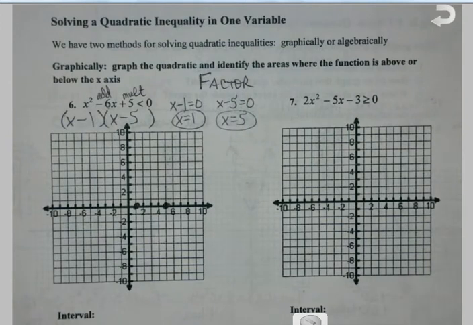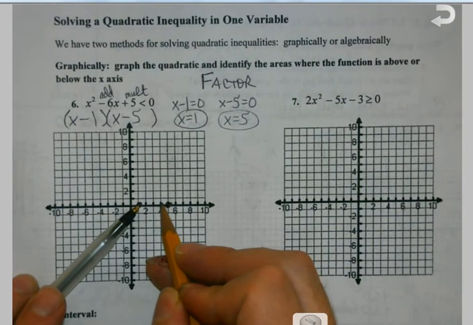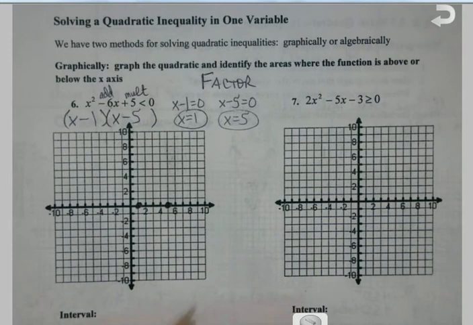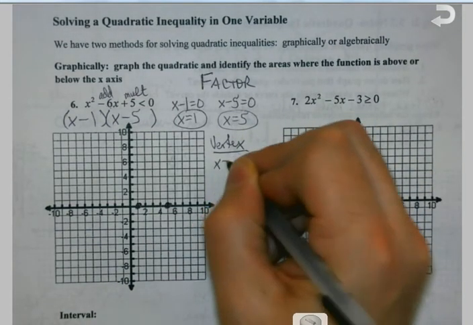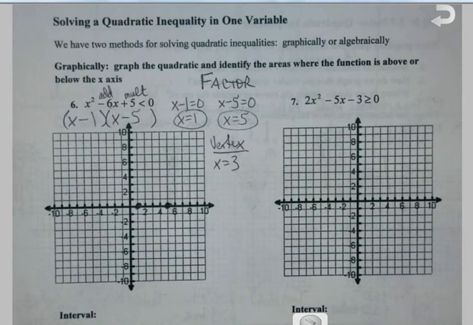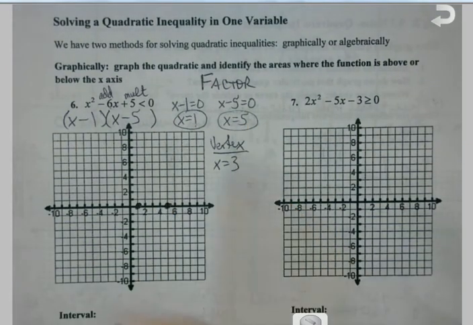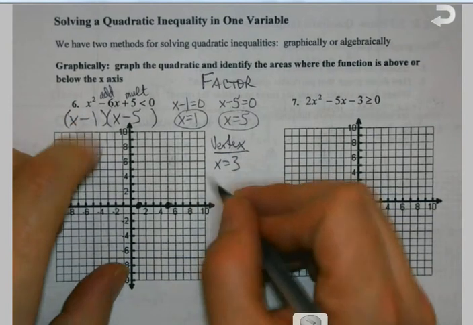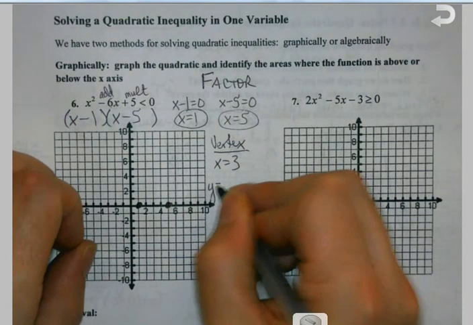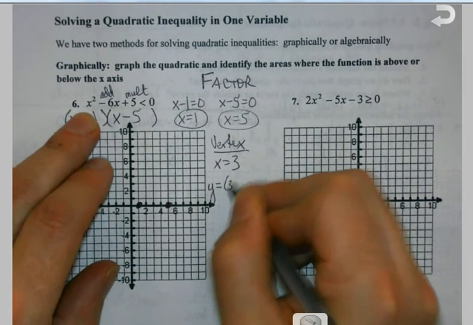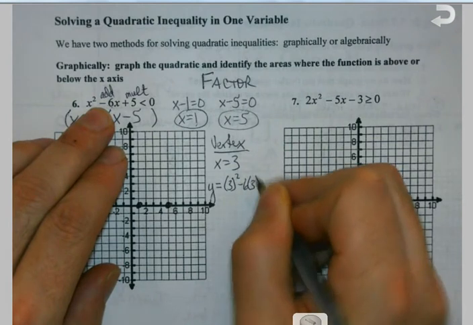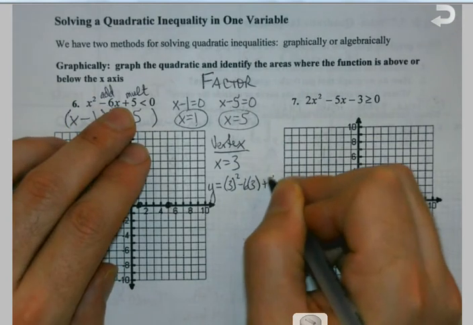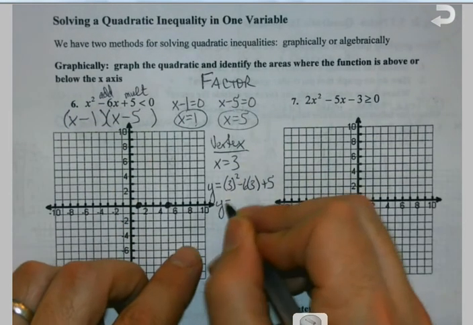So now to find my vertex, let's see, can I count in this time? Yes, okay. So for my vertex, I counted and found out my x value was 3. Or I could do 5 plus 1 and divide it by 2. Either one will work. And I'll just plug it in here. So my y is going to be 3 squared minus 6 times 3 plus 5. 3 squared would be 9.